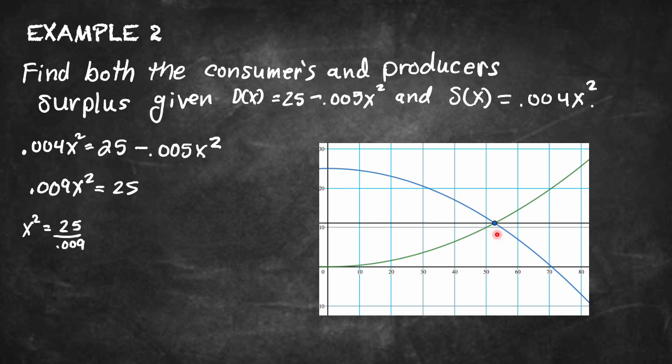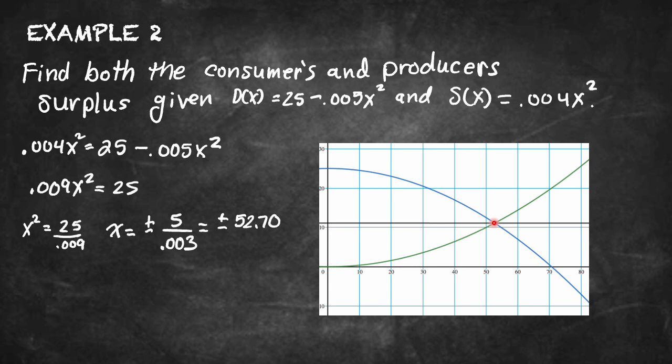Then I'm going to divide both sides by 0.009, and we'll get x squared is equal to 25 over 0.009. Then when I take the square root, I'm going to get plus or minus 52.7. And you can see that makes sense based on the graphics in that area. So make sure you verify it.